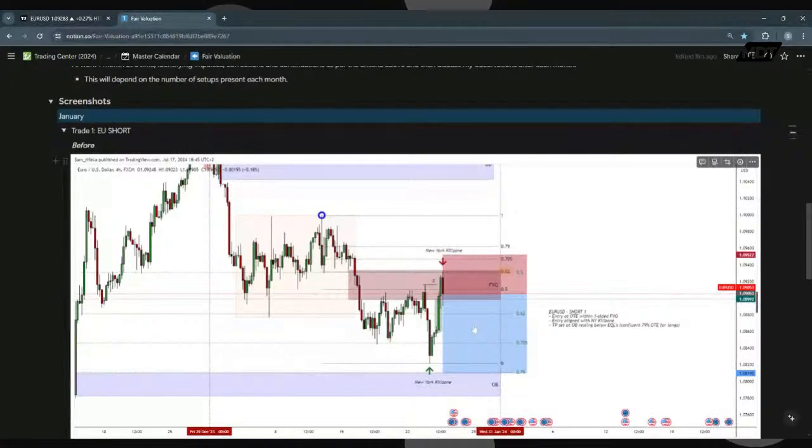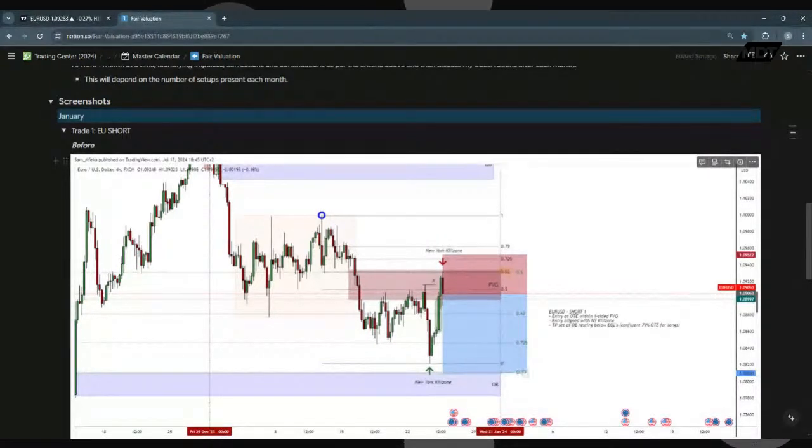And so we reached up into our optimal trade entry area. We had run these lows prior to that. And I think what gave me a bit more confidence in this trade is that we fell just short of this order block, but also the 79% level.